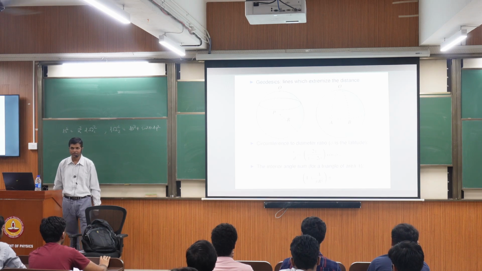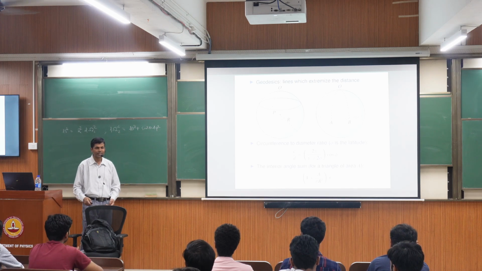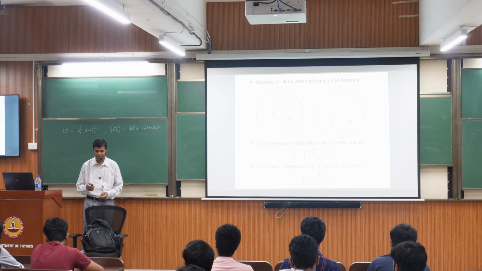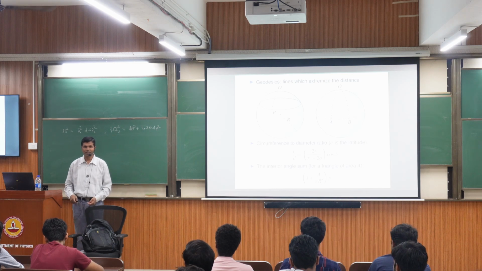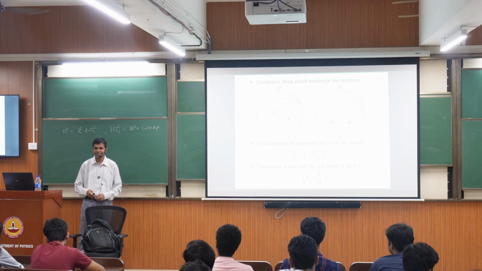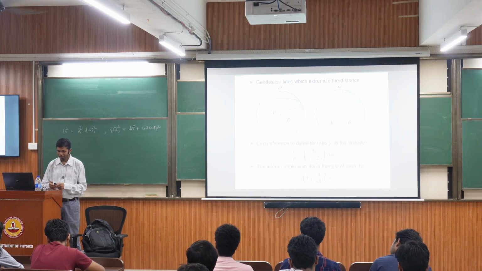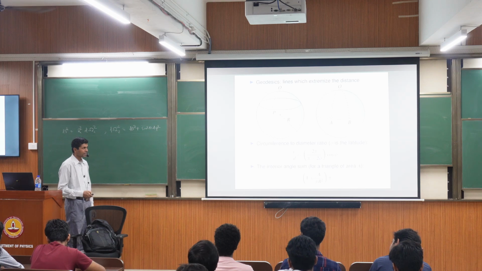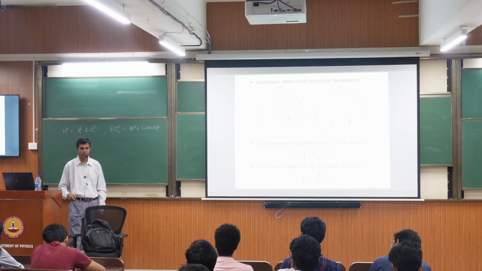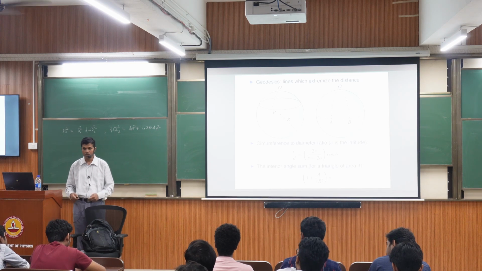In fact, if you look at Wikipedia, there is a big article on trigonometry on the surface of a sphere, and anybody can, just for fun, spend a couple of hours and derive all that. There are many interesting formulae there which you can go through. The point is that the conventional axioms of Euclid that we are all familiar with no longer hold on the surface of a curved space.